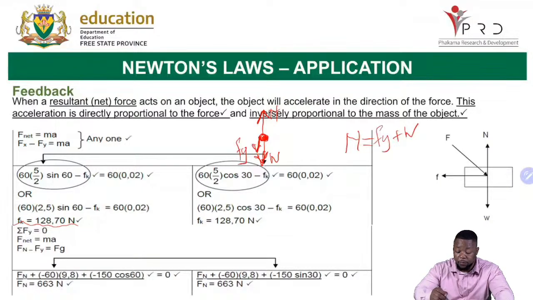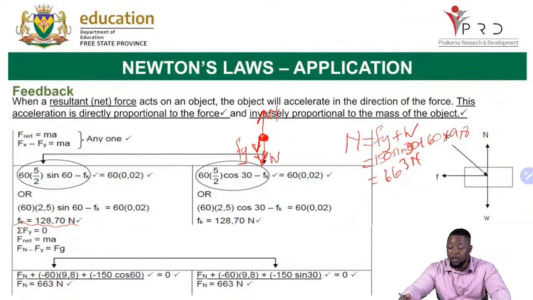Fy is 150 sine 30, and our weight is 60 multiplied by 9.8. When we do the multiplication and addition, we see that our normal force is 663 newtons. So that is how we go about the applications of Newton's laws.